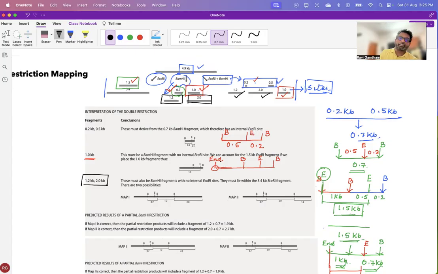So that means, like, here, this set is completely clear, right? This end is completely clear.